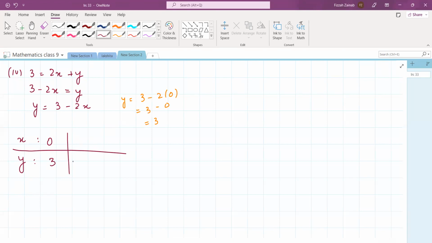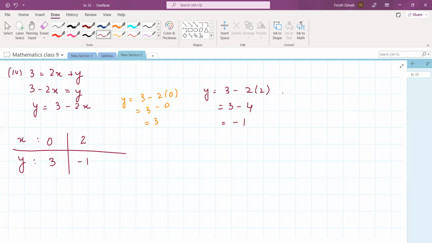Now you take x is equal to 2. So y is equal to 3 minus 2 into 2, so it will be 3 minus 4. So I get minus 1.